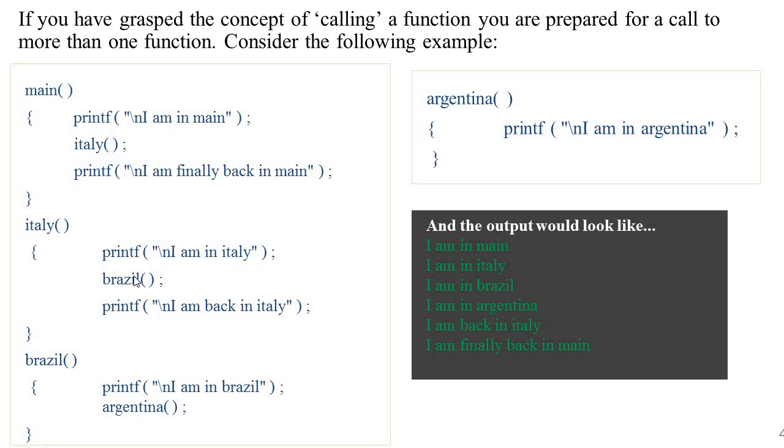So now control goes back to this place after executing the Brazil statement, and your program is executed up to Brazil. Now after this function call, what is the statement? I am back in Italy. So you can see over here this message, I am back in Italy. Now control is still in the Italy function, not in the main method.